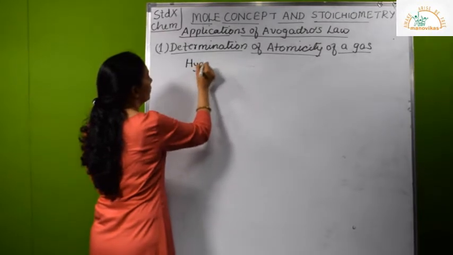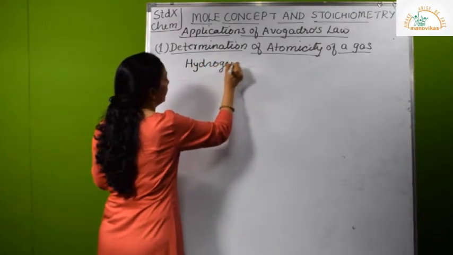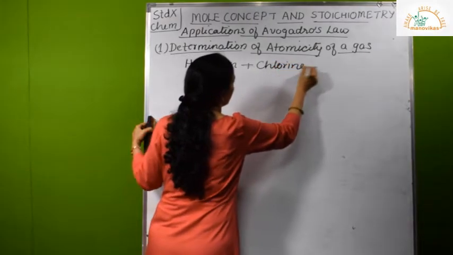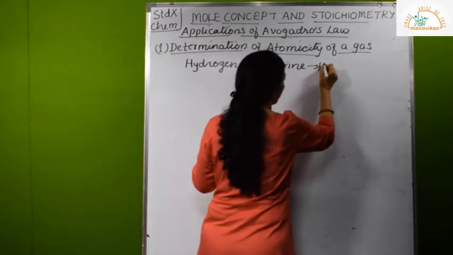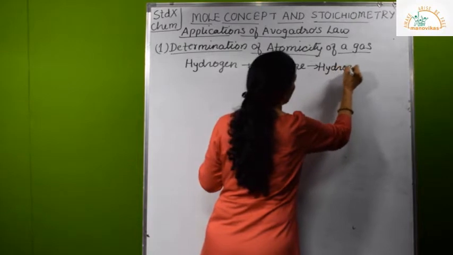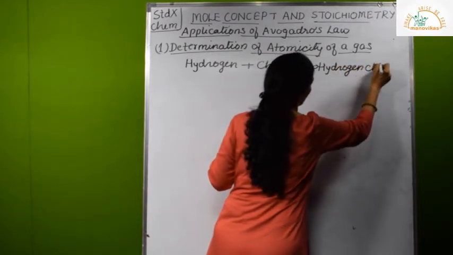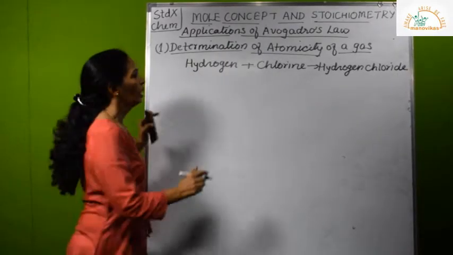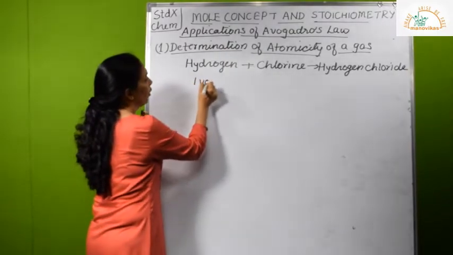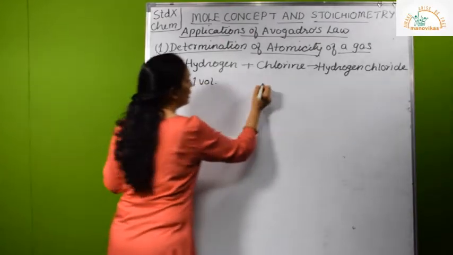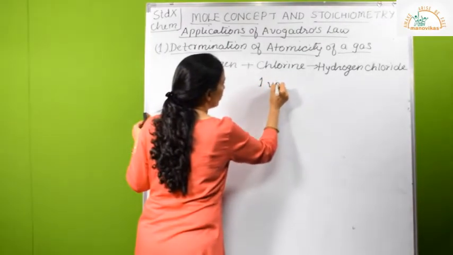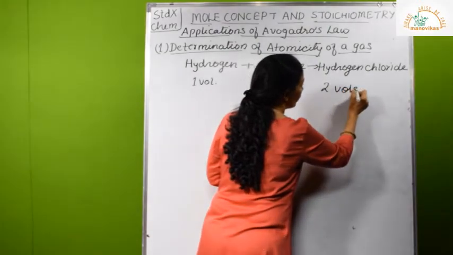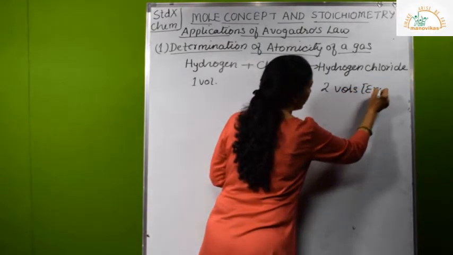Hydrogen plus chlorine is equal to hydrogen chloride. Now 1 volume of hydrogen combines with 1 volume of chlorine and gives 2 volumes of this. This is experimental truth.